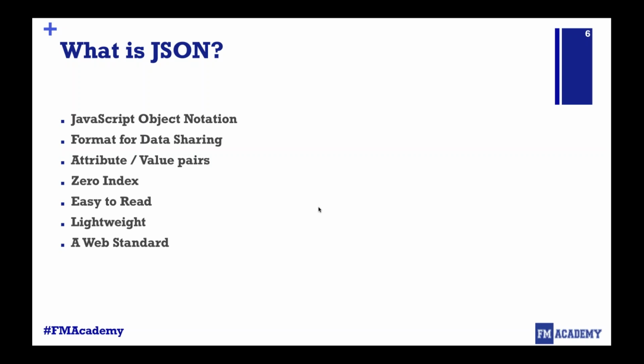So what is JSON? JSON's short for JavaScript Object Notation. As you can guess from the name, that's where it got its start, from JavaScript. It's an attribute value pair format for data sharing. Another popular attribute value pair format is XML.